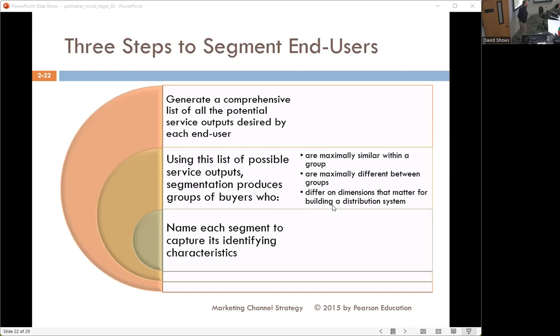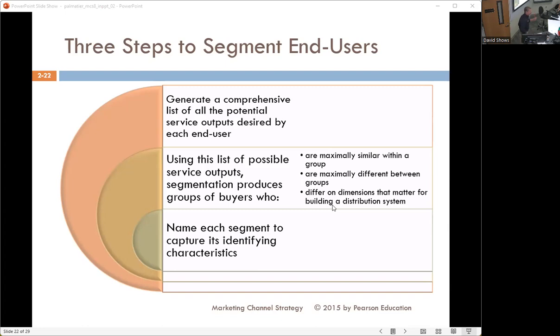And then the last thing that you do is you name them. You give them a physical identity. You create this persona in your mind that identifies these individuals into a common understanding, okay? Naming things goes a long way to understanding things.